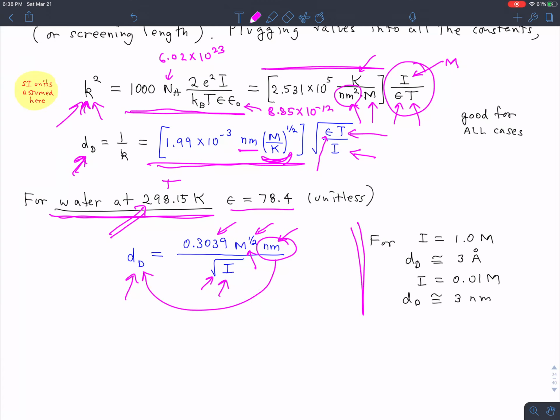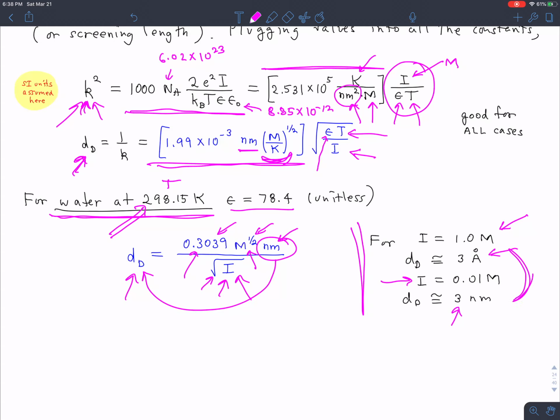Here's an example of an easy calculation. Let's suppose it's 1 molar ionic strength. Then putting a 1 in there, you get 0.3039 nanometers, which is 3 angstroms for the Debye length. If instead you put in not 1 molar but 100th molar, then the square root of 100th is a 10th, and you get a 10 times bigger Debye length, 3 nanometers now.